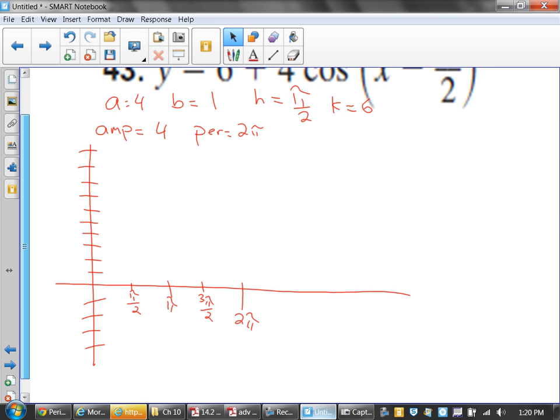Does cosine start at A or does cosine start at 0? It starts at A. Cosine starts at A. This A value is positive, so that means I start at a positive 4. And I work my way through: 0, opposite of A, 0, and then back to A.